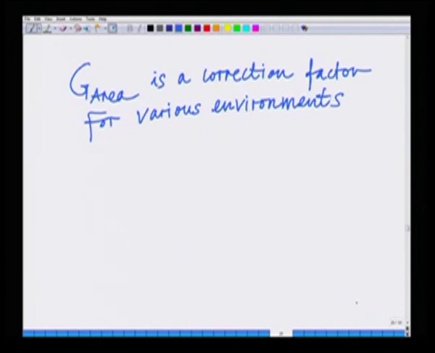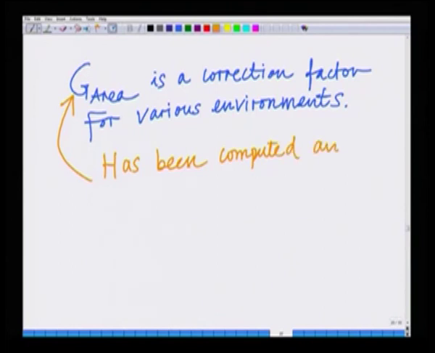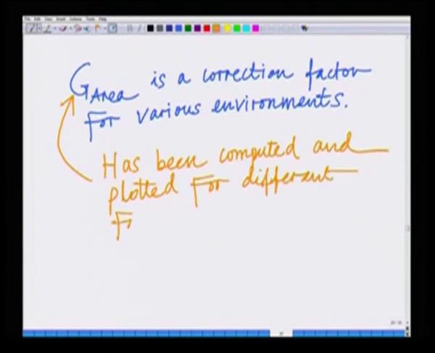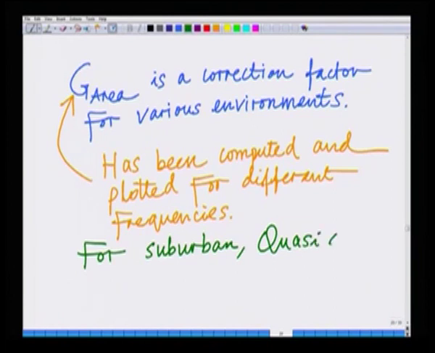It is a correction factor for various environments, and it has been computed and plotted for different frequencies, for a particular set of areas of the type suburban, quasi open and open.